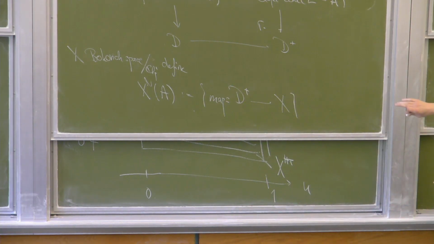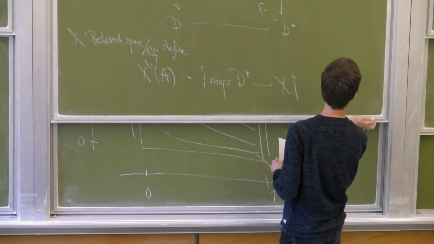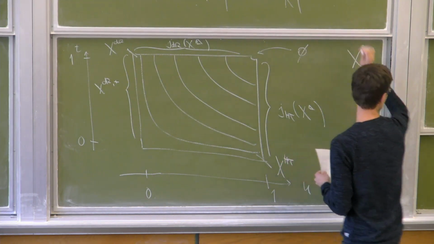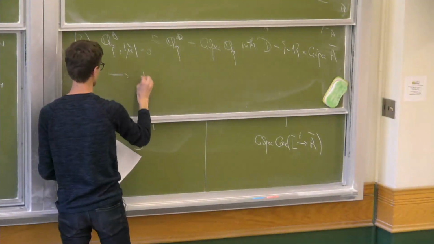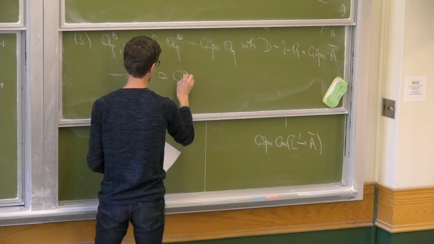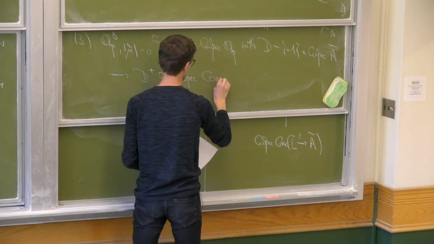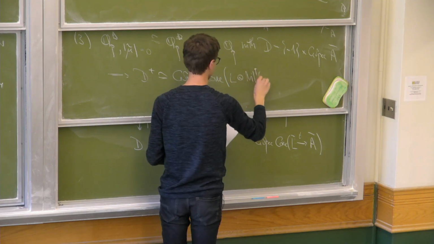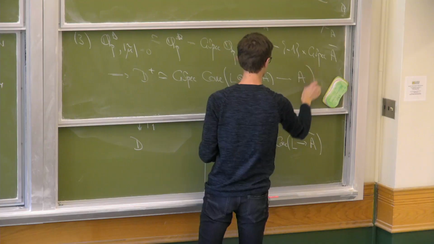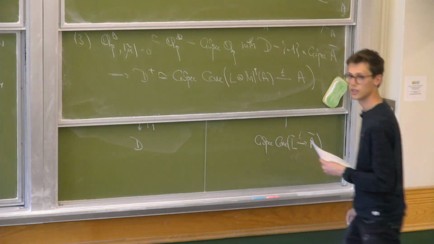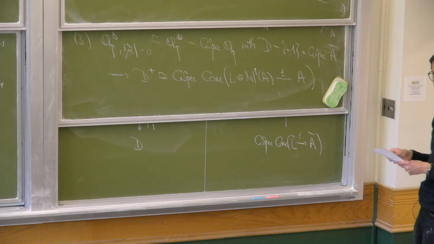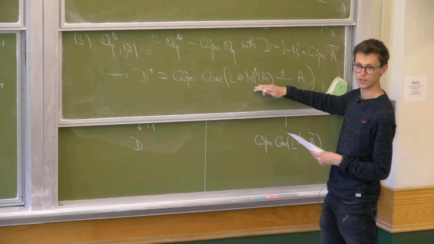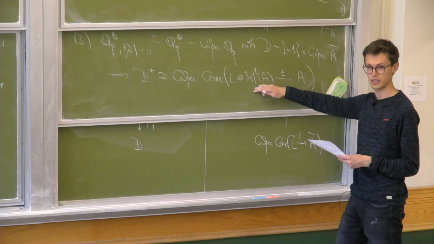And so this pushout is computed by pullback on rings. What you find is that this D plus is spec of the cone of L tensor mu tilde a. Okay, and this is precisely the ring stack which gives me the filtered analytic de Rham stack.